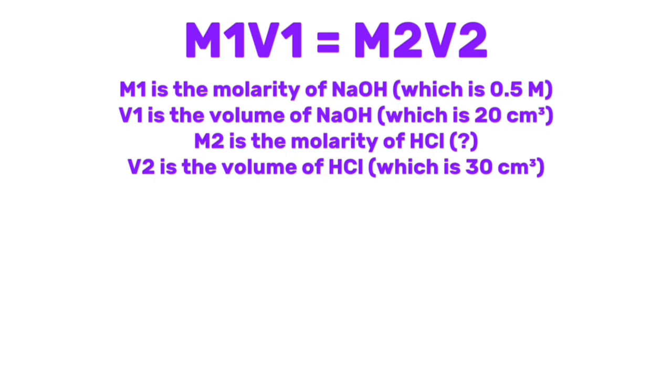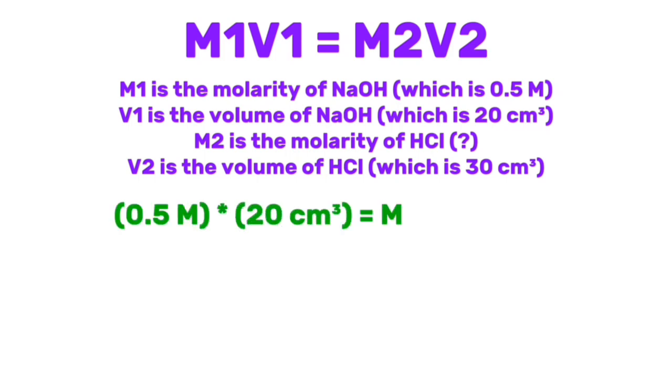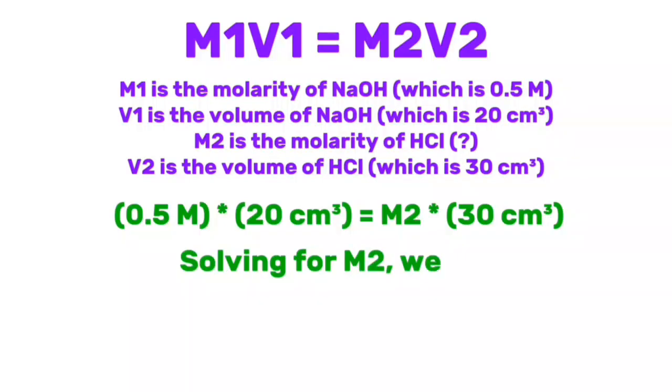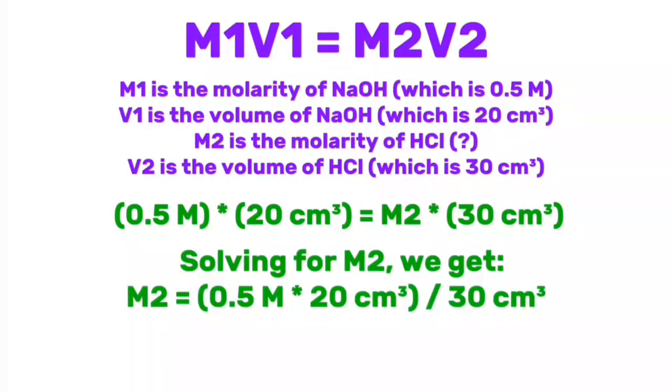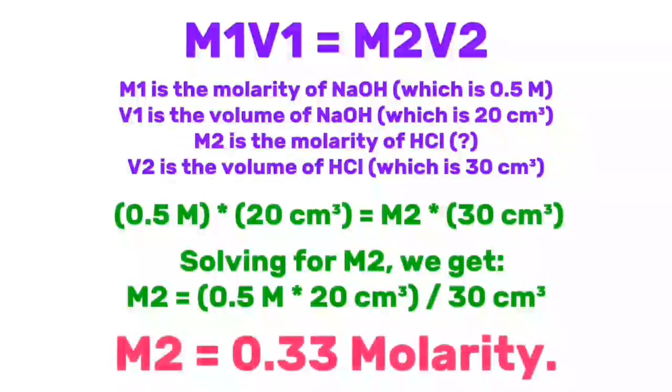Plugging in the numbers, we get 0.5 M multiplied by 20 cubic centimeters is equal to M2 multiplied by 30 cubic centimeters. Solving for M2, we get M2 is equal to 0.5 M multiplied by 20 cubic centimeters over 30 cubic centimeters, which gives us an M2 of approximately 0.33 molarity.